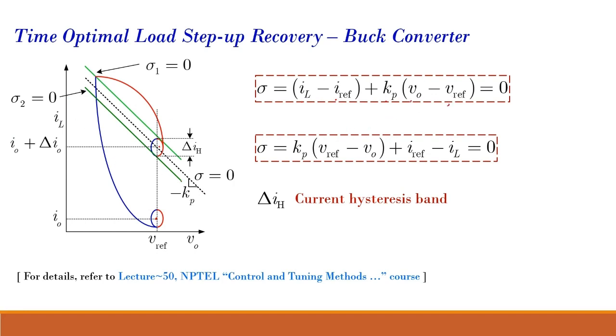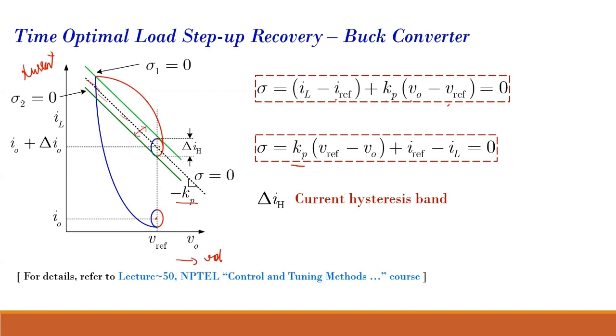So this slope is given by minus Kp, because this is the slope of voltage and this is the slope of current. So this is the slope Kp for this line, which is my switching surface.